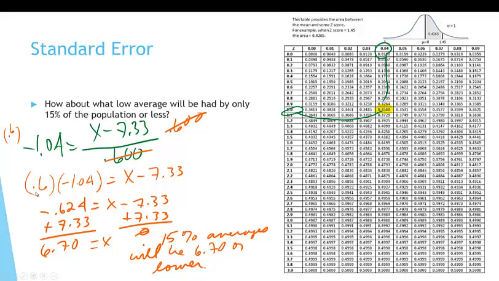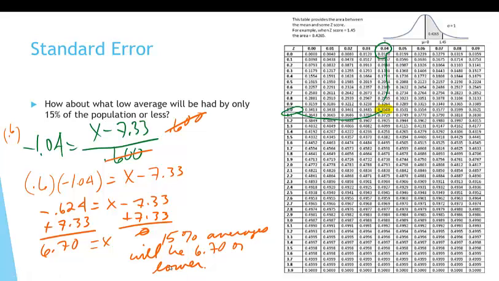So now we have 0.6 times negative 1.04, negative because we're only looking at the bottom half of the curve, is equal to x minus 7.33. Now what we've got to do is isolate our x. So we add 7.33 to each side, and we come out with 6.70 equals x. And so what we're saying then is 15% of the averages will be 6.70 or lower.